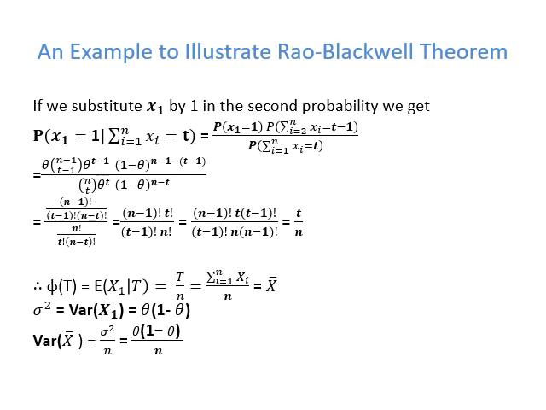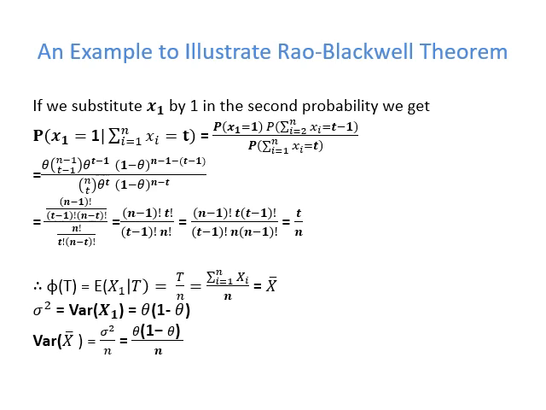Each of them follows a Bernoulli distribution, and they are independent. So we can say that their summation from i equal 1 to n will follow a binomial distribution with parameters n and theta. So in the denominator we write the probability mass function of the binomial distribution, which is n choose t, theta power t, 1 minus theta power n minus t.